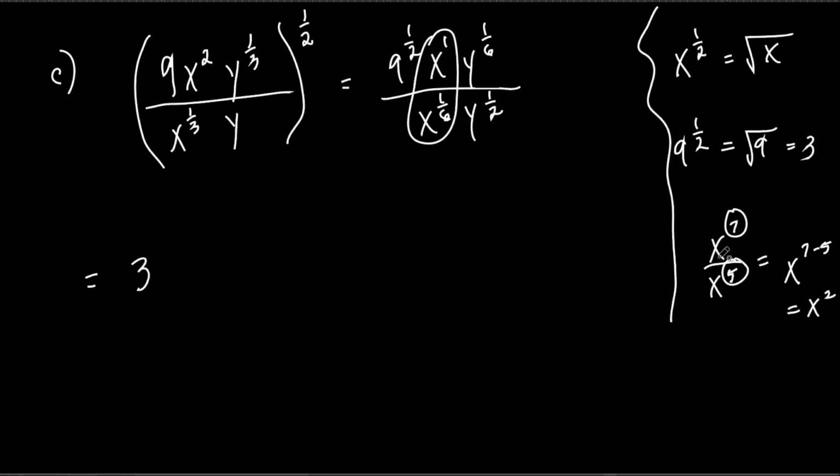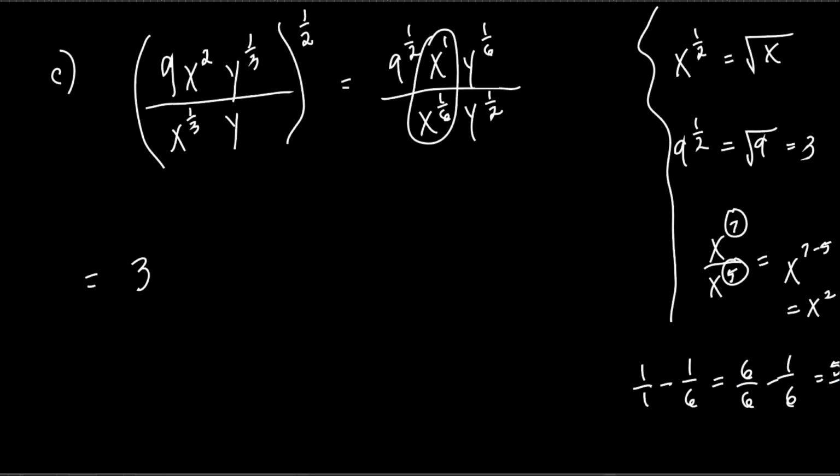Now, let's do this right here. So this is the same thing as x to the 7th over x to the 5th, kind of. Would you agree? So what do we do with the exponents? We subtract them. So off to the side, I'm going to go 1 over 1, minus what? 1 over 6. 1 over 1 is the same as 6 over 6, isn't it? Minus 1 over 6. What's that?